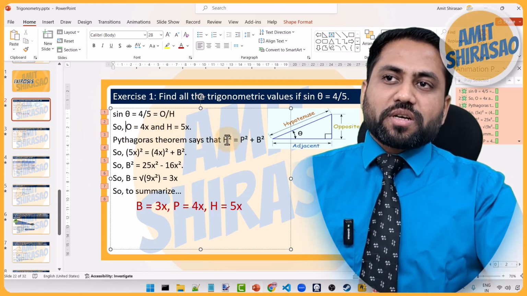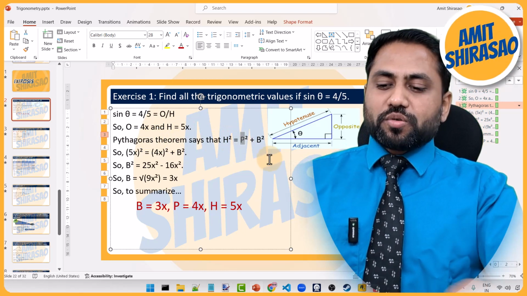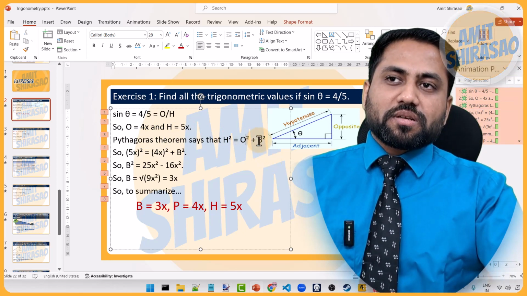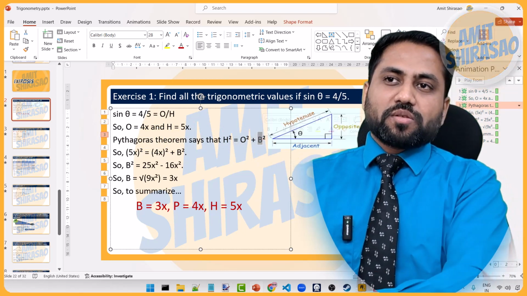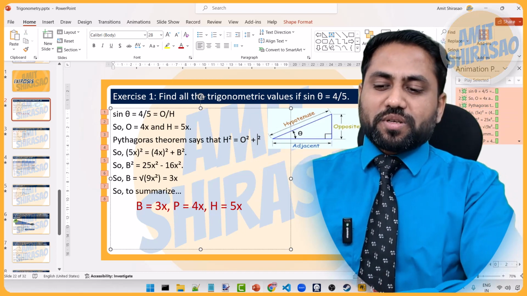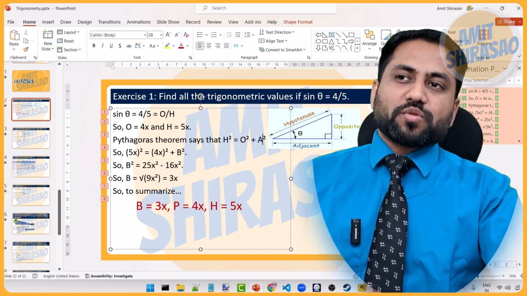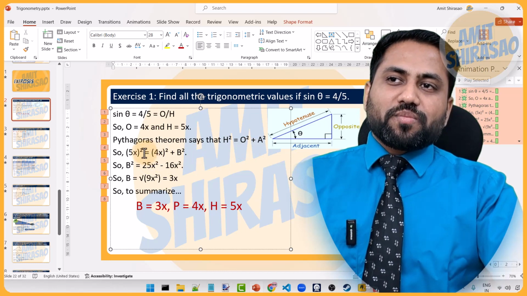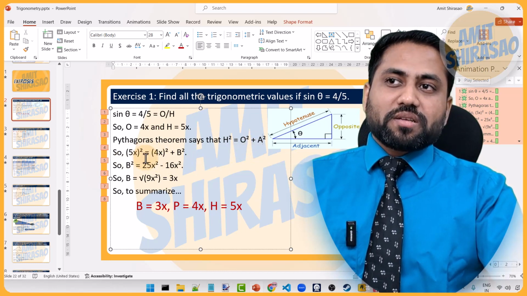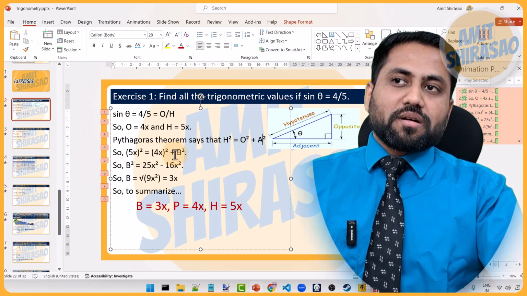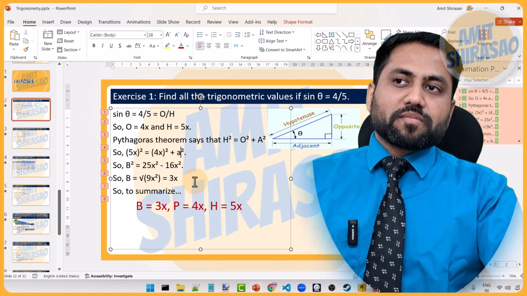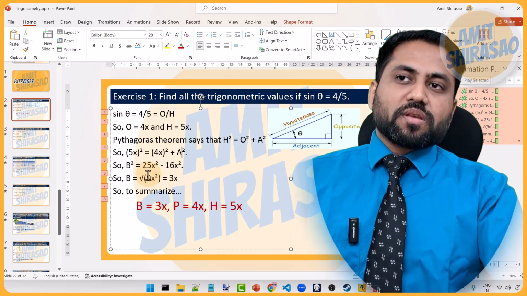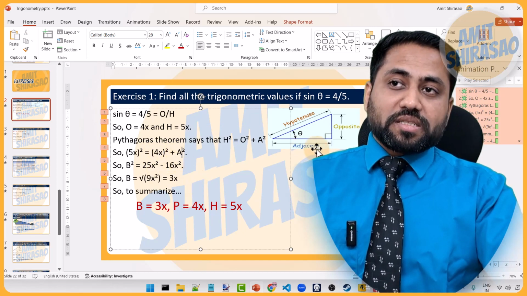Okay, so as per the Pythagoras theorem, hypotenuse square is equal to opposite square plus base square. This B means base, so adjacent square plus opposite square. Now just put the values here. So it will be 5x square is equal to 4x square plus a square, that is adjacent square.